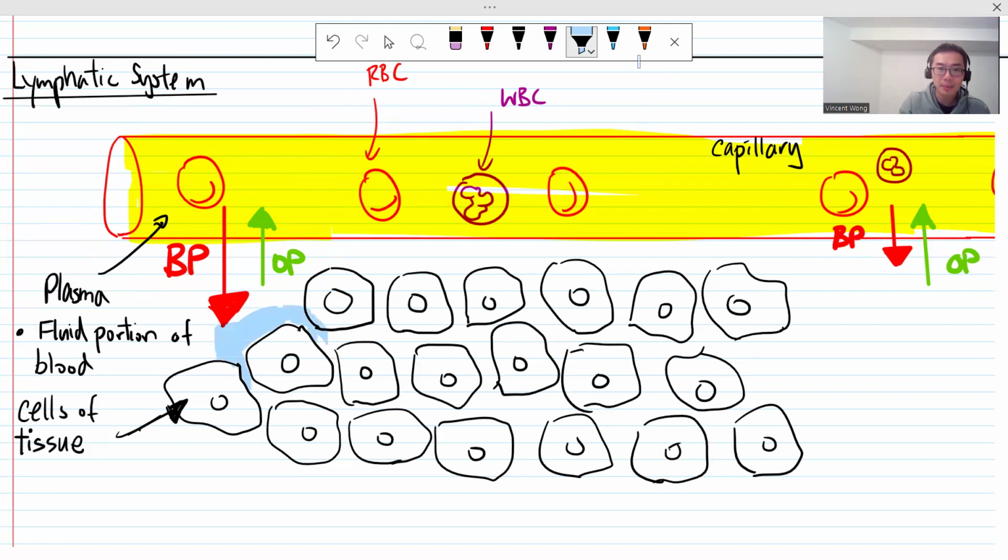All that fluid that's coming out will flood the space between the cells. If you have a highlighter, it would be perfect.